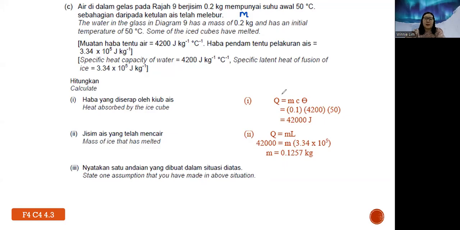So the mass, okay, we see more info first. The change in temperature is 50 because it is initially 0 degrees Celsius. So 50 minus 0 is 50.